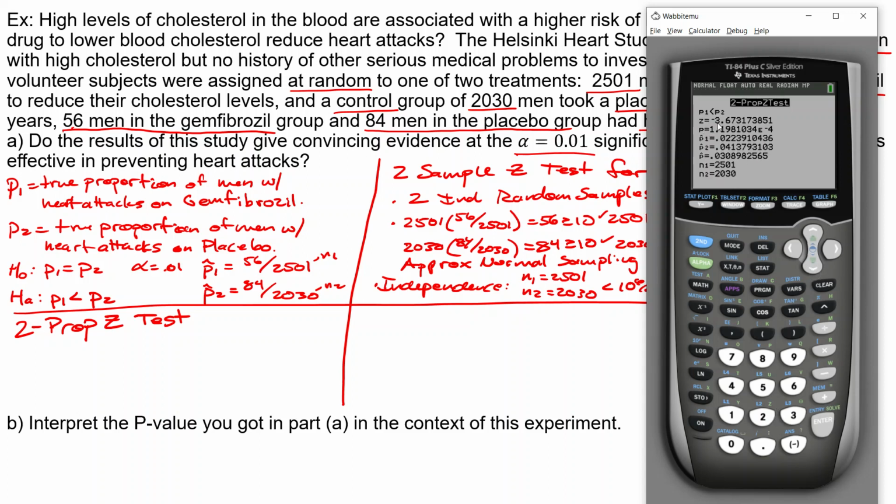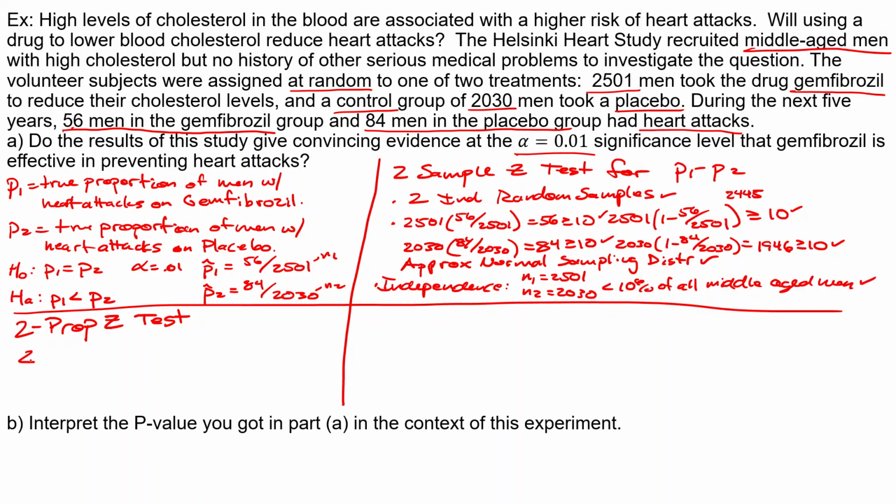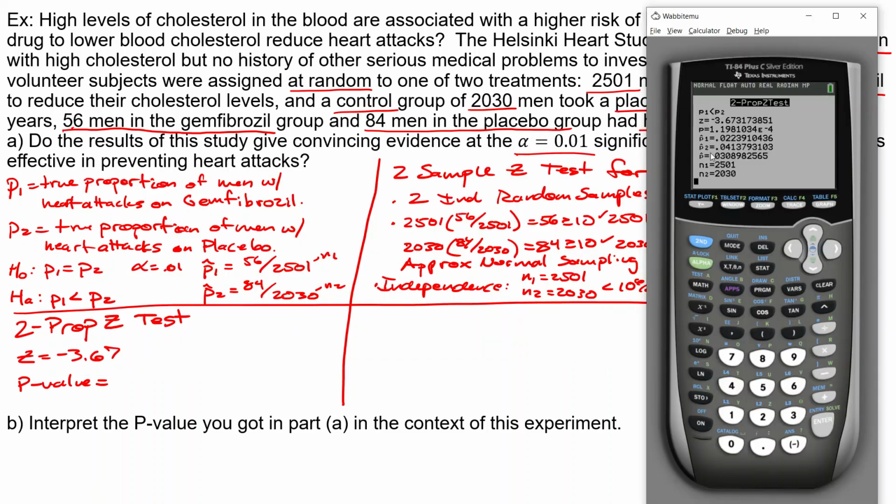All right. And we say negative 3.67 for our z. And our p-value, be careful here. Remember, p is always a probability. It's a decimal. So 1 point something doesn't make sense. But then you look at the end of it, and you see this e negative 4. That means times 10 to the negative 4th. It means this number is so small, it's in scientific notation.